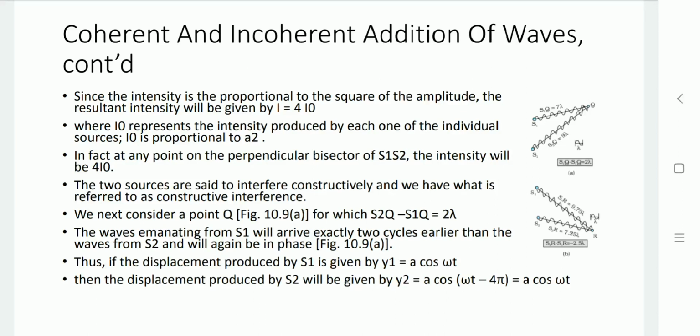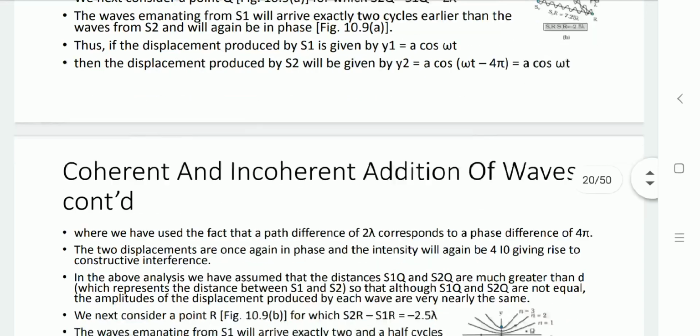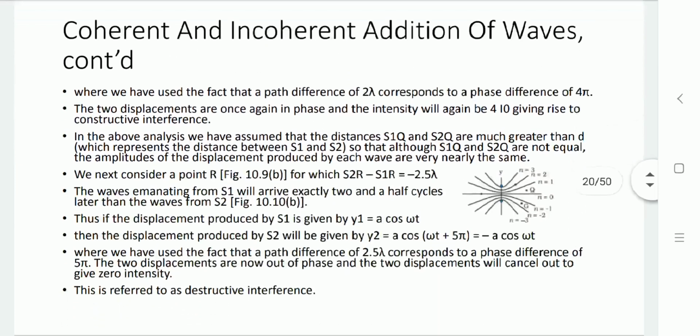So y1 is A cos omega t, and y2 is A cos of omega t minus 4 pi, that is A cos omega t, the same phase. So here the path difference is 2 lambda and the phase difference is 4 pi, but these two displacements again come across in the same phase, giving the intensity 4I0. So this gives you constructive interference.